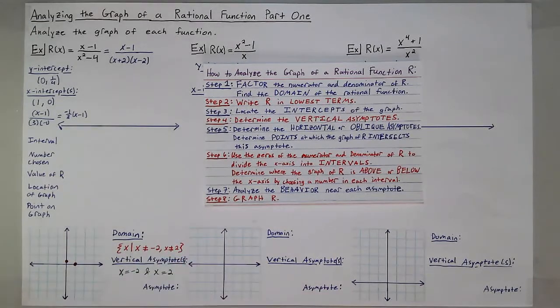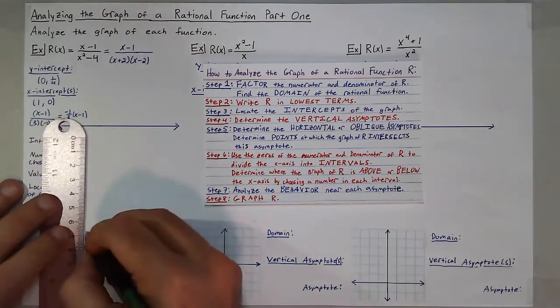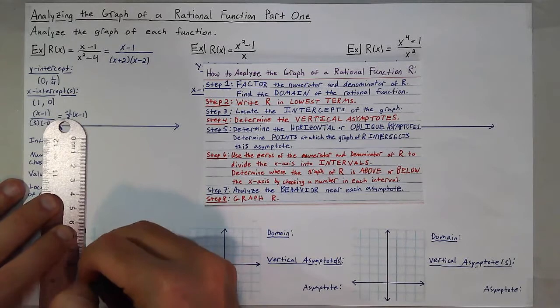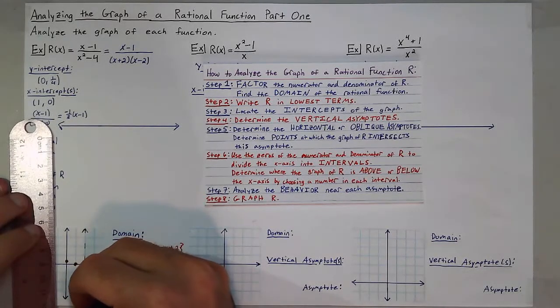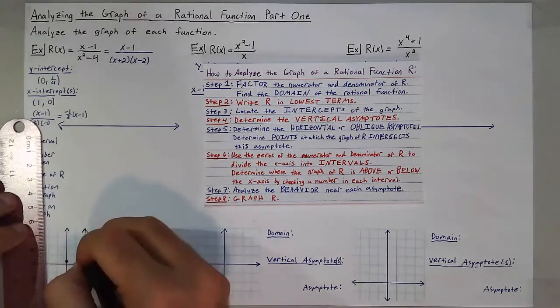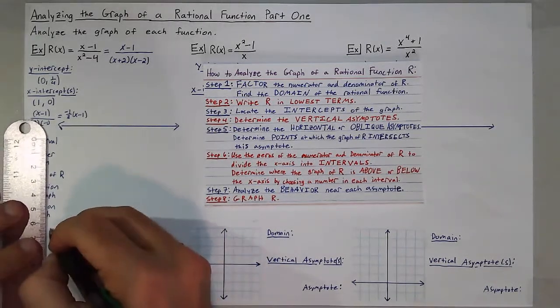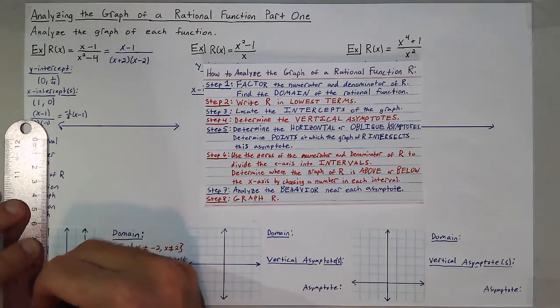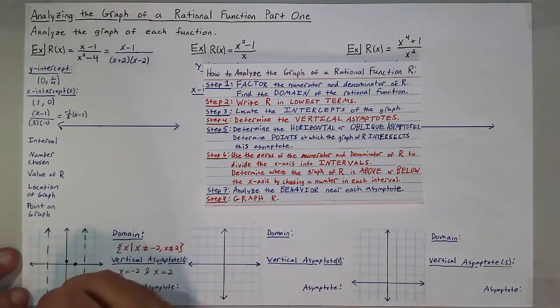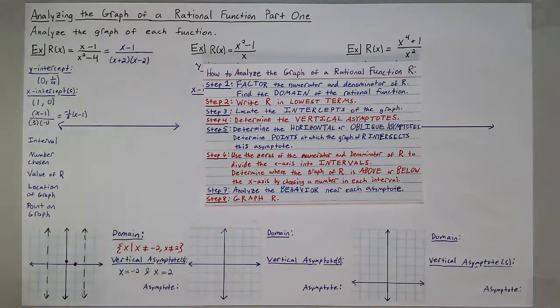So in my graph, I have two vertical lines at 2 and negative 2, where my graph is undefined, but I'll also see the graph bend and follow these lines later on. So those are my vertical asymptotes.